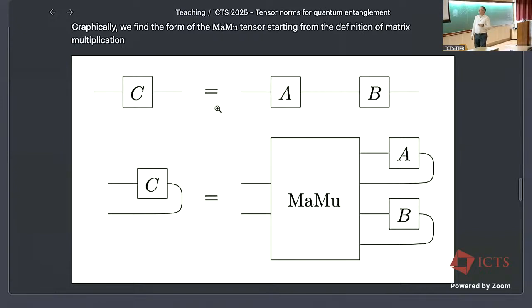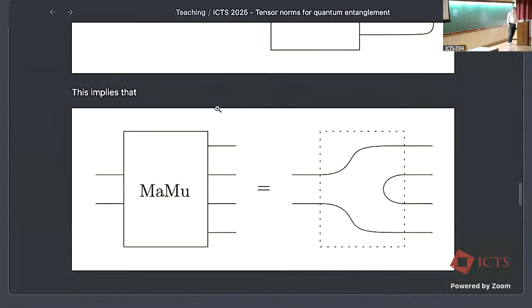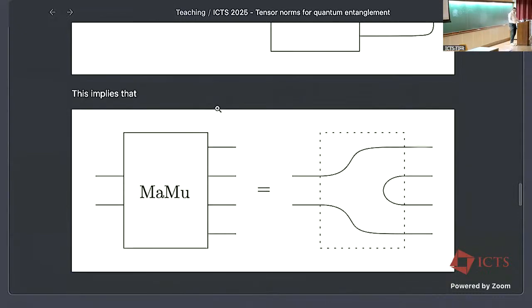The question is, what should I put in this box such that this diagram and this diagram are the same? You see, it's easy. You just have to connect the wires in the right way. The question is, can I make everything fit in one page?